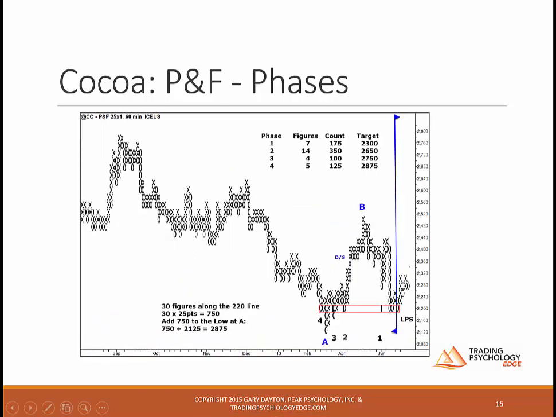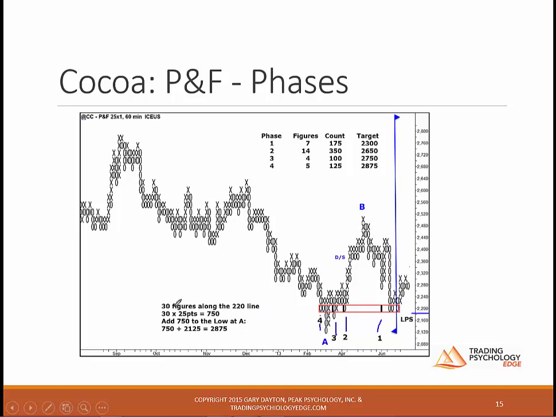So now I've transposed these areas. Here's the 220 line again. Here's phase 1 and phase 2 and phase 3 and phase 4 and 5. I just combined them together because they were so close.